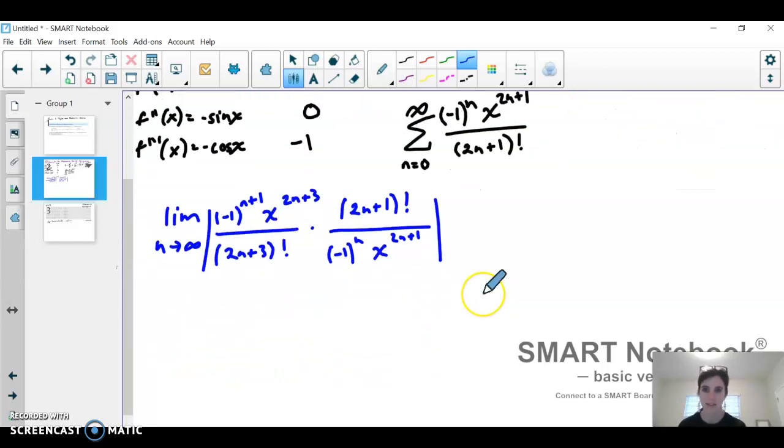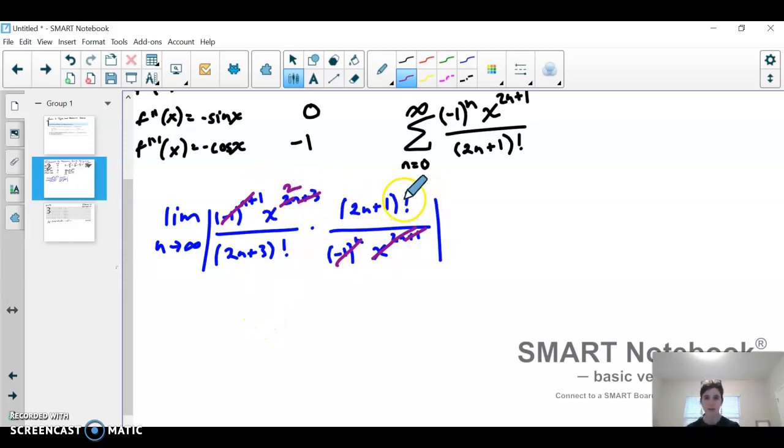So let's see what's going to cancel out. We can cancel out our negative 1 to the nth powers because we are in absolute values. Our x to the 2n's will both cancel. Then we have x cubed divided by x to the first power, so that's going to cancel out this whole thing from the denominator, and we'll be left with just x squared, right?